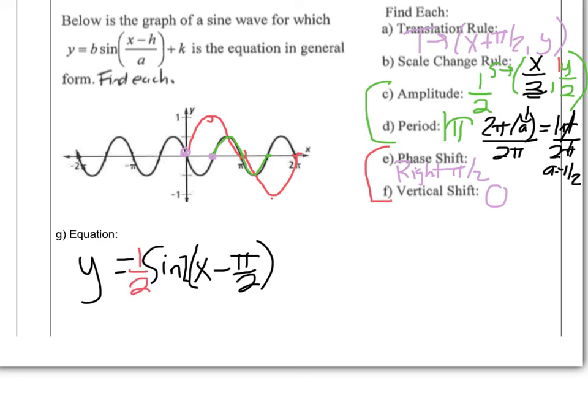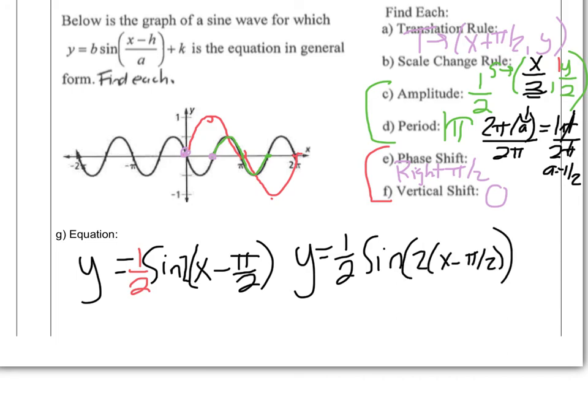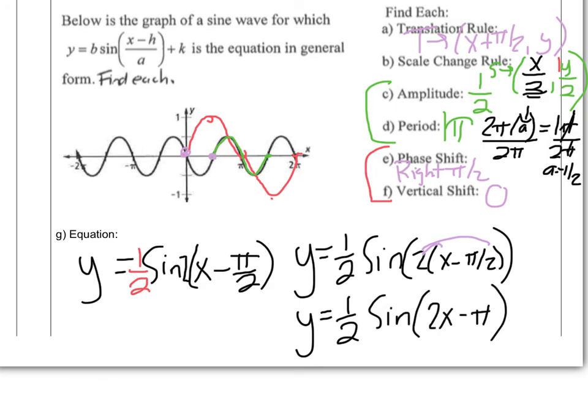So there's a couple ways you might have this final equation. You might have y equals 1/2 sine of 2 and then x minus pi over 2. Notice where the parentheses are. You may also have chosen to multiply this through. You don't have to, but if you did, you would have the 1/2, and then you would have sine of 2x minus pi. Now do note there's one other way you could have written this.